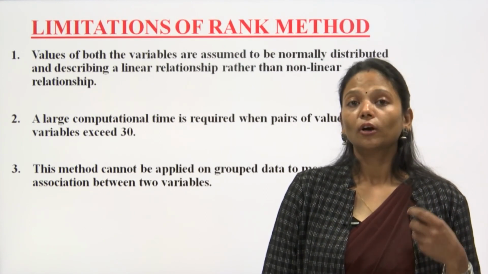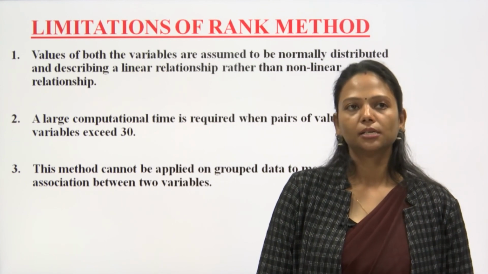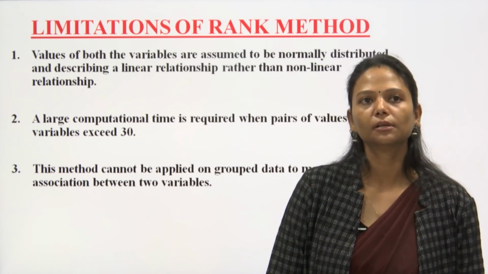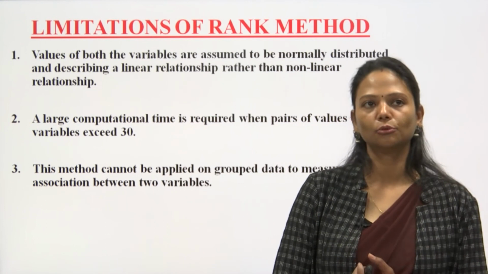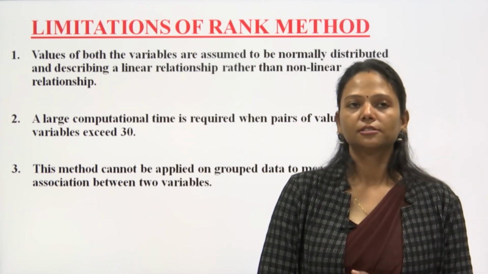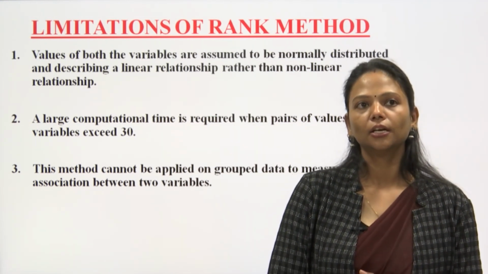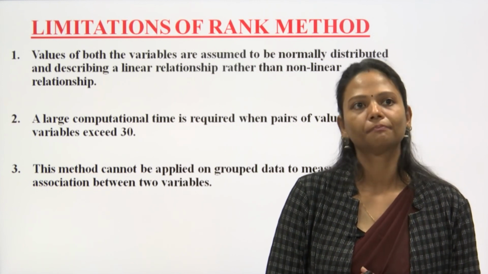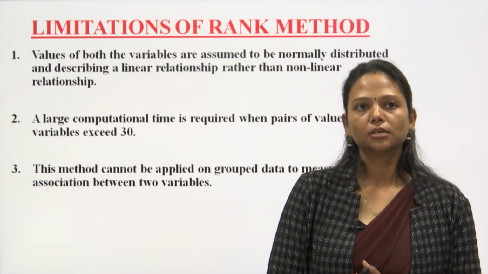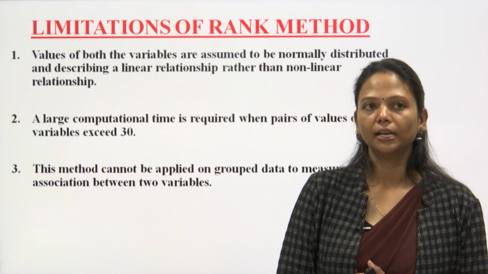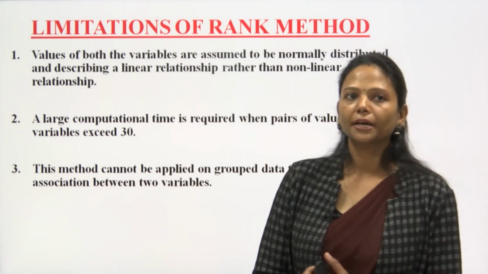So, what are the limitations along with the merits we have? The values of both the variables are assumed to be normally distributed and describing a linear relationship rather than a non-linear relationship. Second, a large computational time is required when the pair of values of the different variables exceed 30.